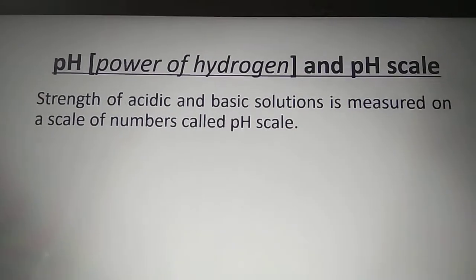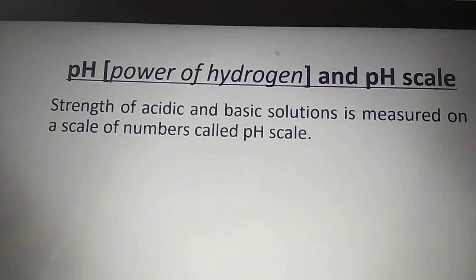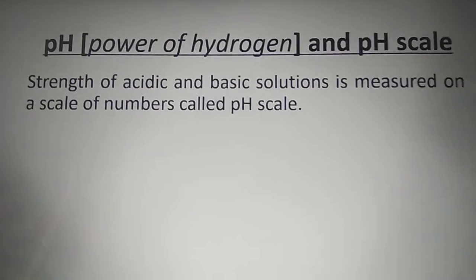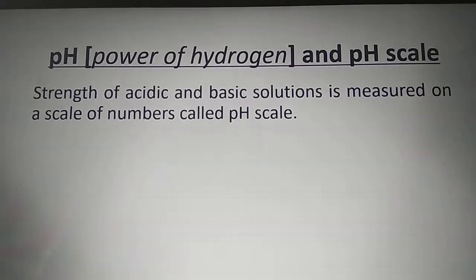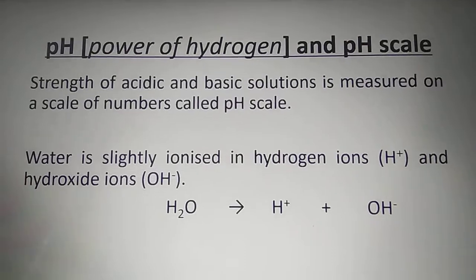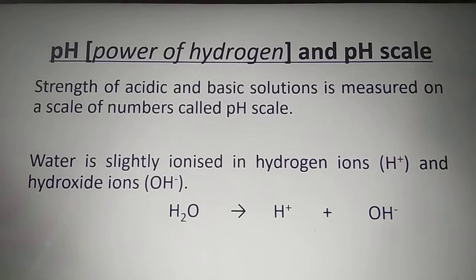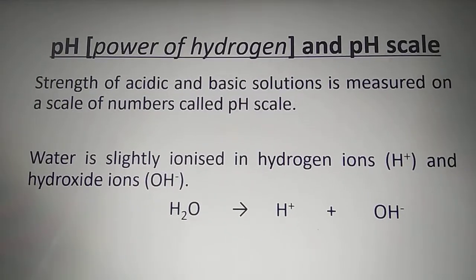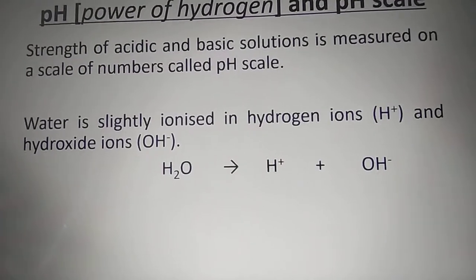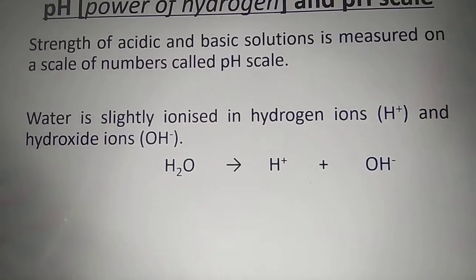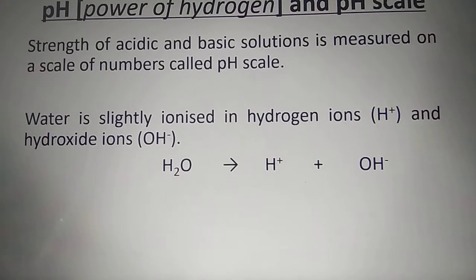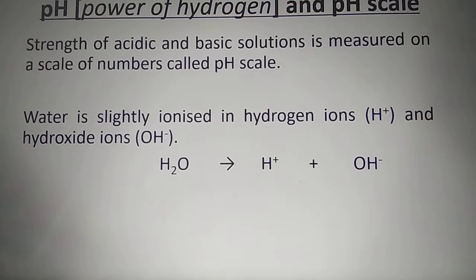Strength of acidic and basic solution is measured on a scale of numbers which is known as pH scale. How to learn this concept? For that, first you have to think about water. Water is slightly ionized. Whenever we have any water, it is always in slightly ionized form.